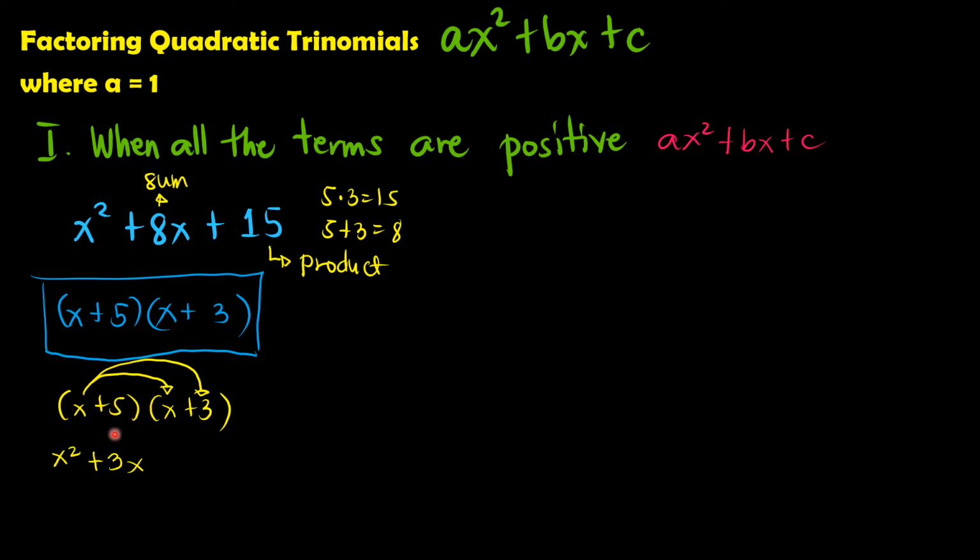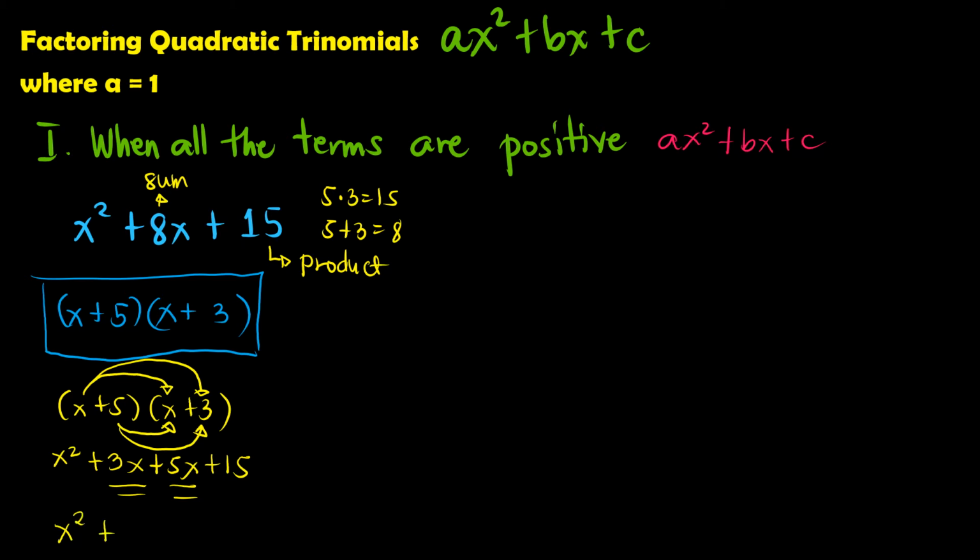So, tapos na tayong mag-multiply ng x dun sa kabila. Multiply naman natin si 5. So, we have positive 5 times x, that is positive 5x. And positive 5 times positive 3, that would be positive 15. So, ang pwede lang ma-simplify dyan yung like terms, yung pareho ng variable. So, x squared will just be copied.